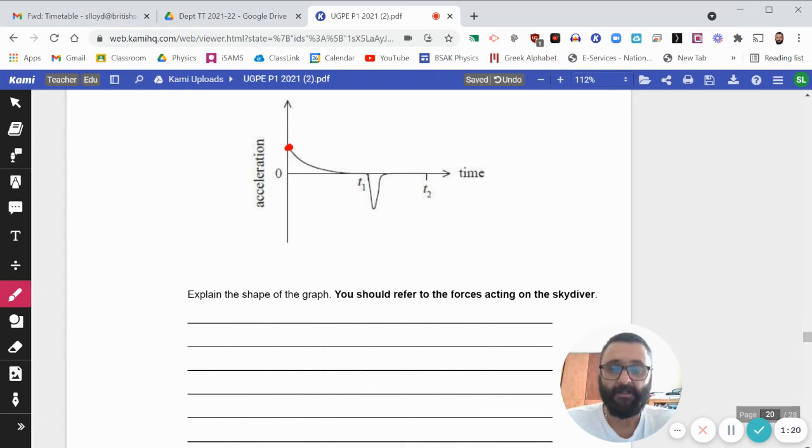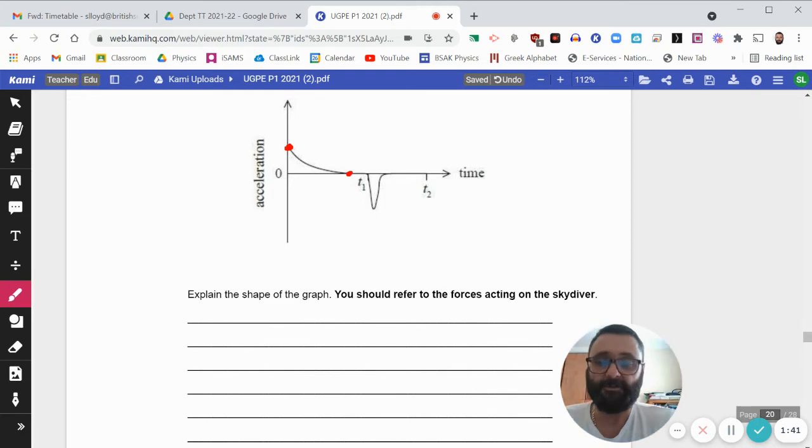Then acceleration decreases until it reaches 0. This is when we're now moving at terminal velocity.